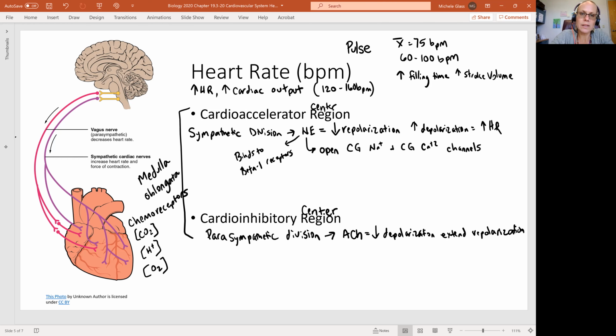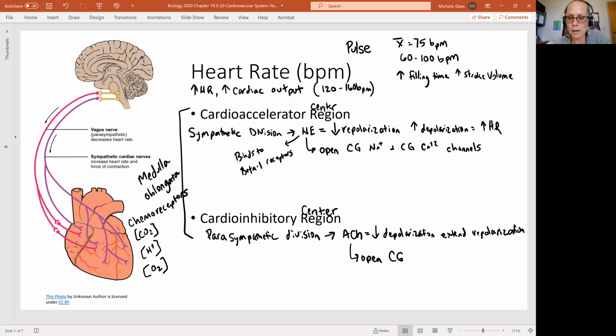So if we slow down the depolarization rate and extend repolarization rate, then the cardiac muscle cells are contracting more slowly. And we do this by opening up potassium ion channels. I should say chemically gated here.